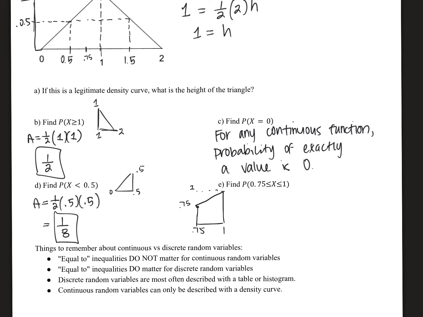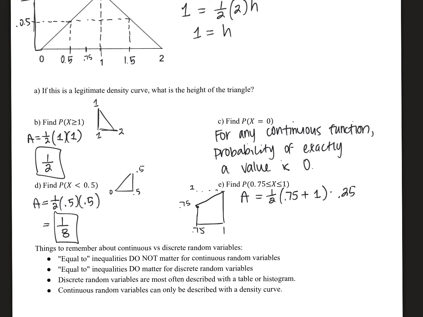But instead of the base being the distance from 0.75 to 1, we're going to have the 0.75 to 0.75 and then the 1 to 1. So we're going to have area equals 1/2 times base 1, which is our 0.75, plus base 2, which is 1, times the height, which is going to be 0.25. So our height is going to be the distance between 0.75 and 1.